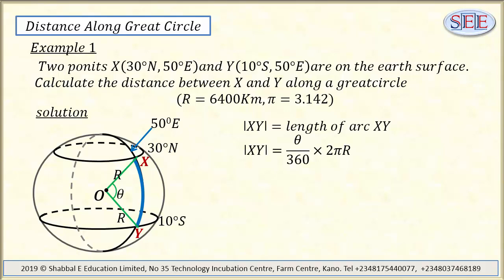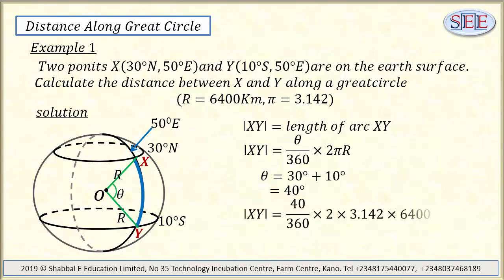So latitude 30 degrees north and 10 degrees south, that 30 and 10 we add together to get theta, the angle subtended by that arc XY at the center. So the value of theta that we use in this formula is 40 degrees.